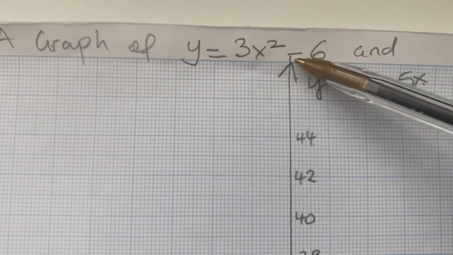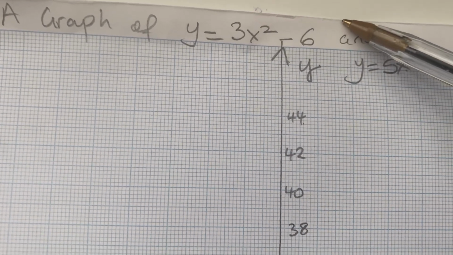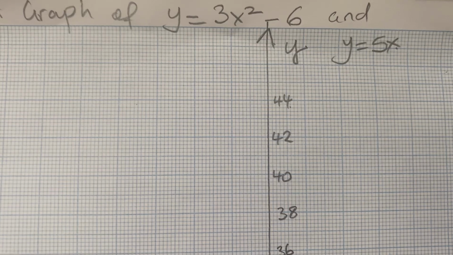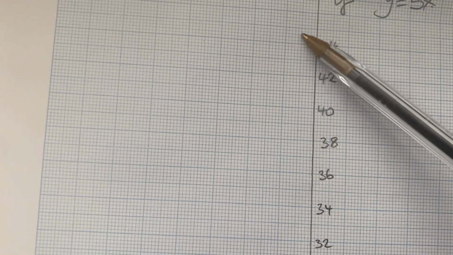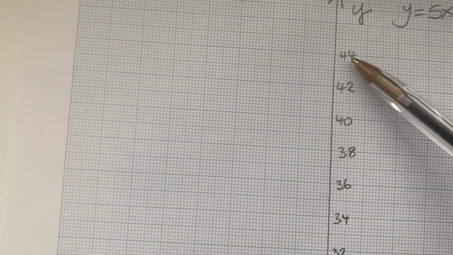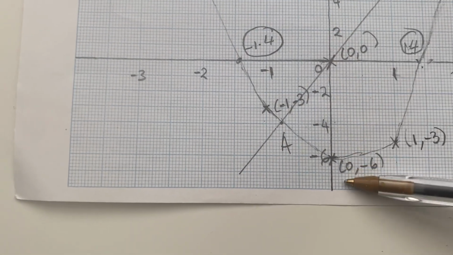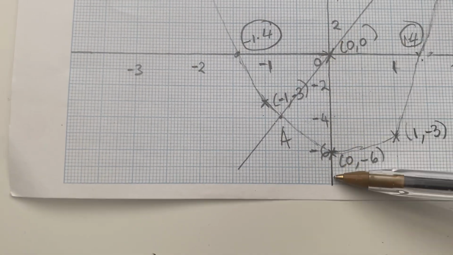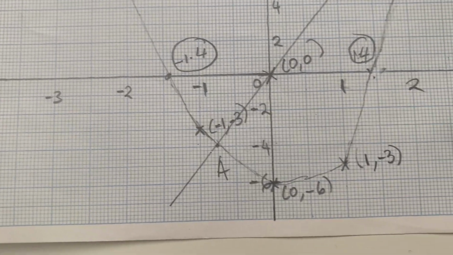So, a graph of y equals 3x squared minus 6. We've done the table, which I've shown you, and I've written out the coordinates. On my y-axis, I've labeled it up to 44 in equal intervals. I don't need a lot for the negative side, so I just left it up to minus 6. On the x-axis, I've used the interval they gave me.